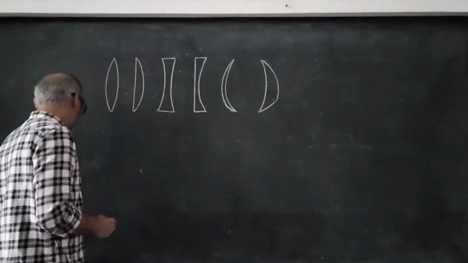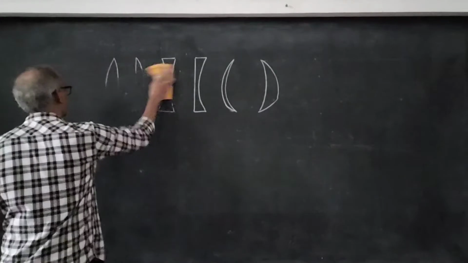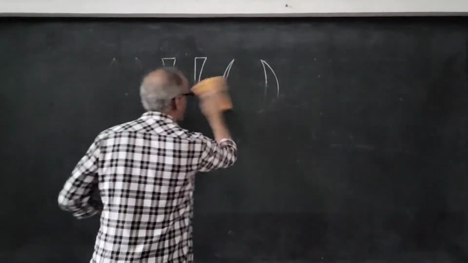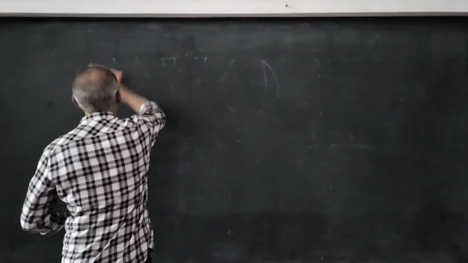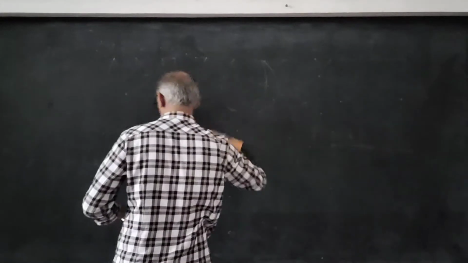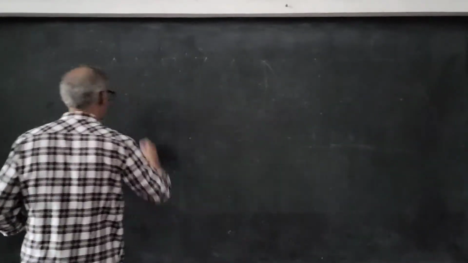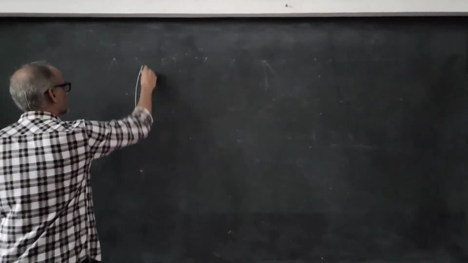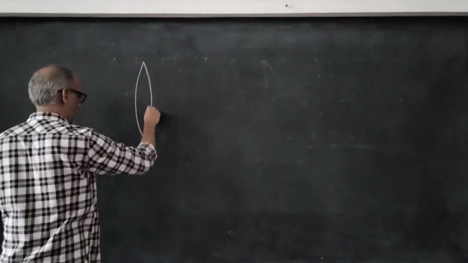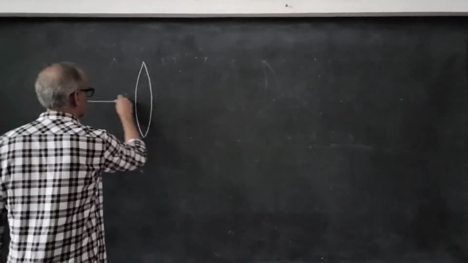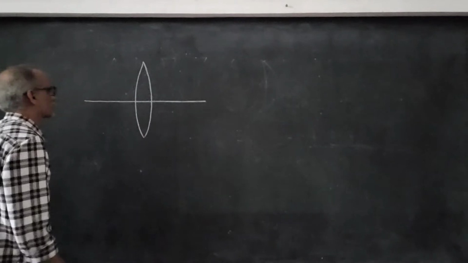So let's see more about the lens, and what are the new terminology associated with this lens. So I'm going to consider a convex lens, and this is the principal axis.